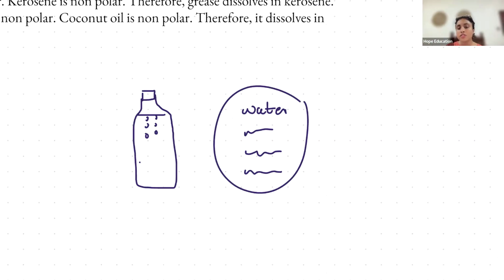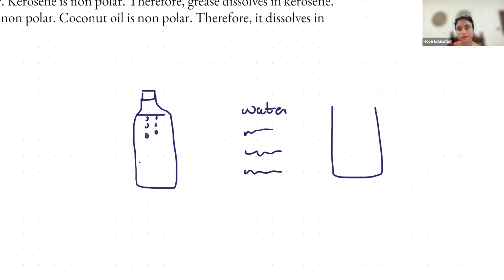Does carbon dioxide dissolve in water? Carbon dioxide dissolves in water. Are you sure? No. Are you sure? What do we know about how carbon dioxide dissolves in water? Okay, yes.